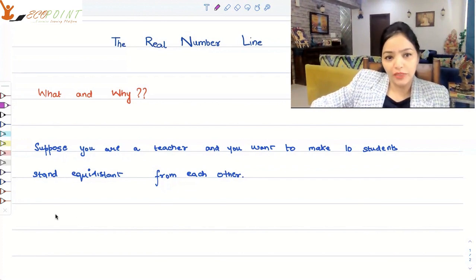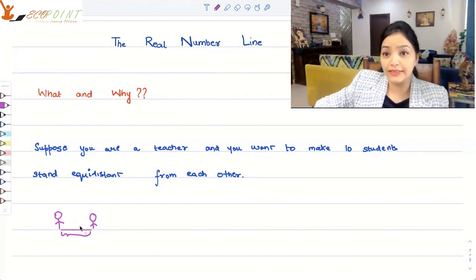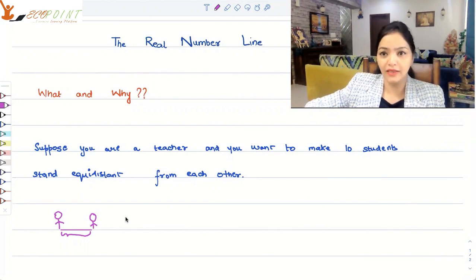I'm going to place 2 students first to begin with. One student is here, one student is here, right? Now I am going to calculate this distance, this length, and make the third person stand at a position which is exactly the same distance from this person. Maybe I use my finger, maybe I use a scale.